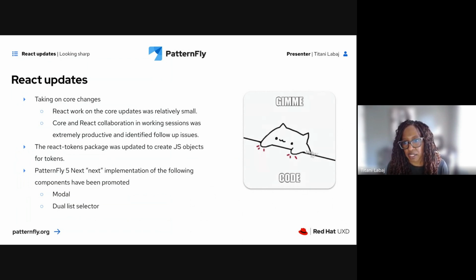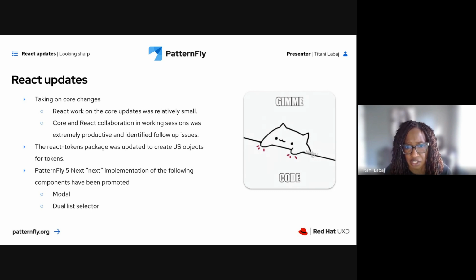So we made updates to our components that may have broken from the core updates, and there were some API changes as a result of that, which would be handled by our Codemods. Because the React work was relatively small compared to the core work, it allowed our team to lean in and help pick up a lot of the core issues and help land that work.